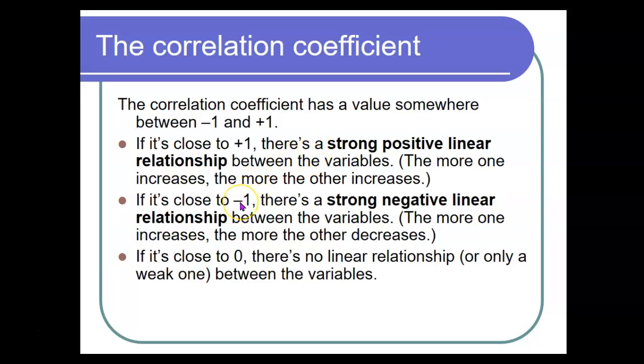If it's a negative number that's close to negative 1, that means there's a strong negative linear relationship between the variables. So the bigger one is, the smaller the other one tends to be. And if it's close to 0, positive or negative, but close to 0, that means there's no linear relationship, or only a weak one, between the variables.